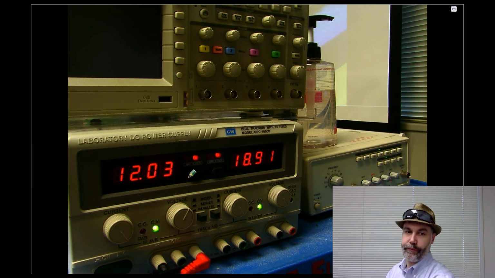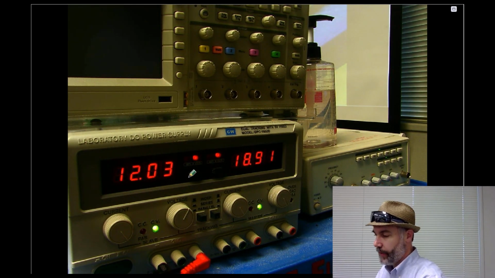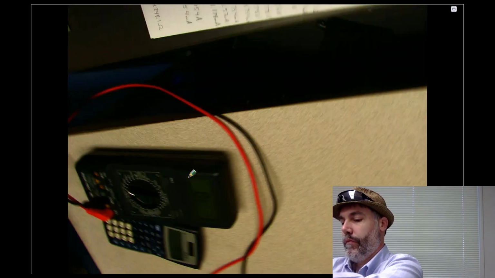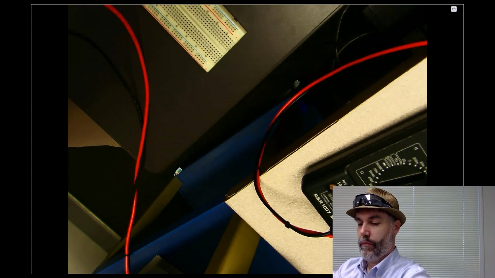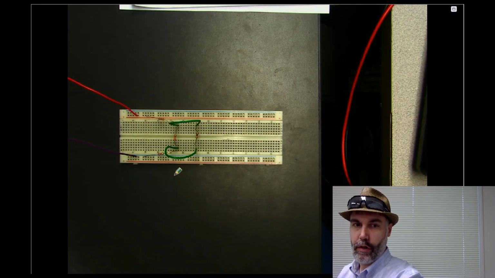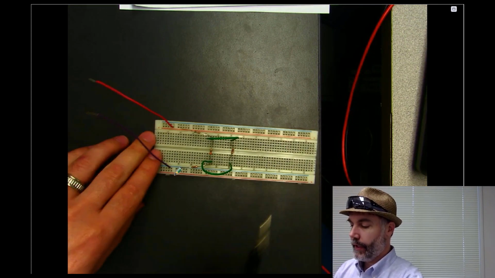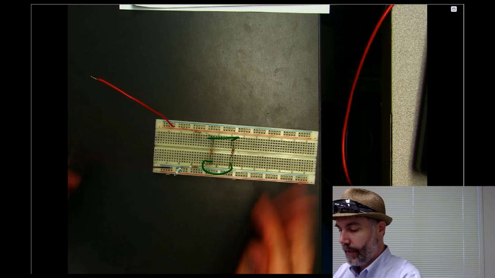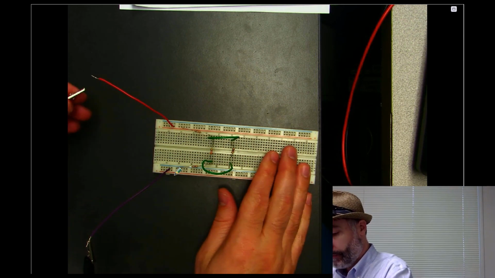And then we're going to connect these leads to our breadboard. So we're going to connect the black lead down here and the red lead up here.